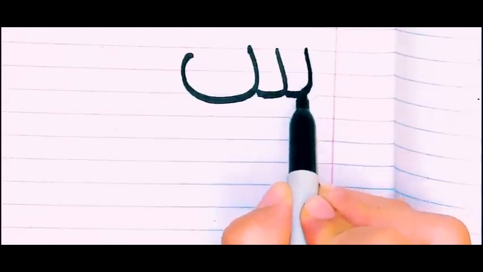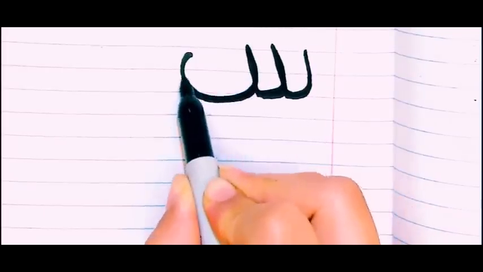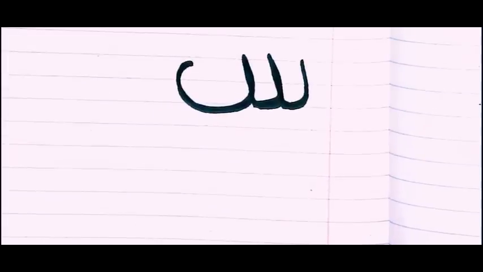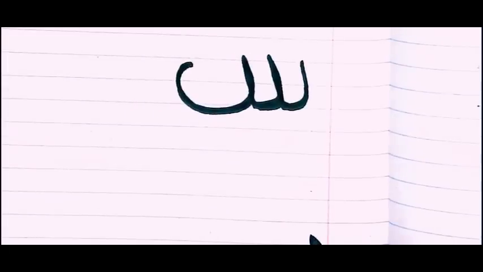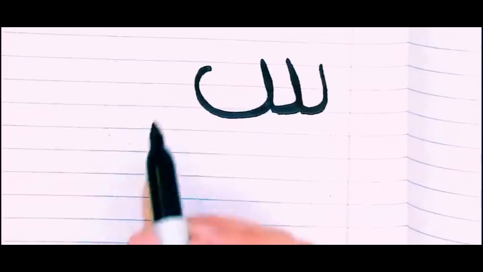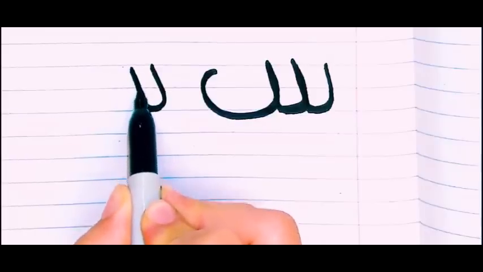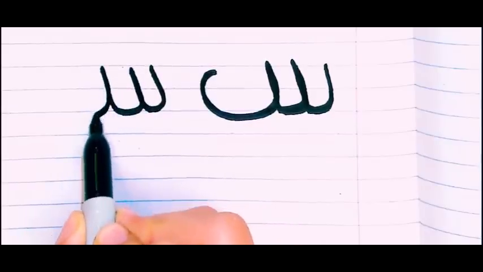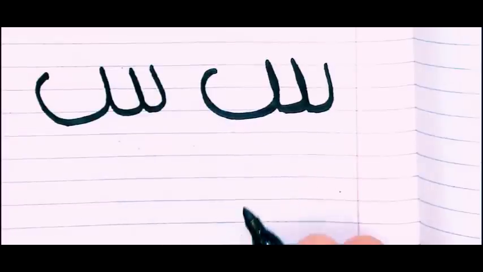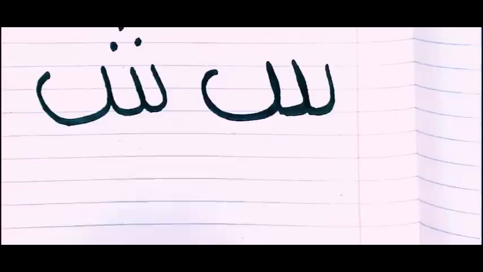You do it like this: one, two, three. Seen. And then you've got sheen. One, two, three. Sheen. And this one has three dots.